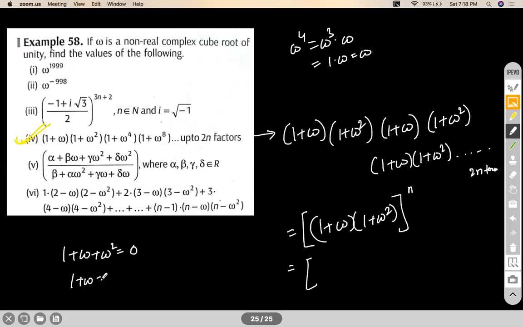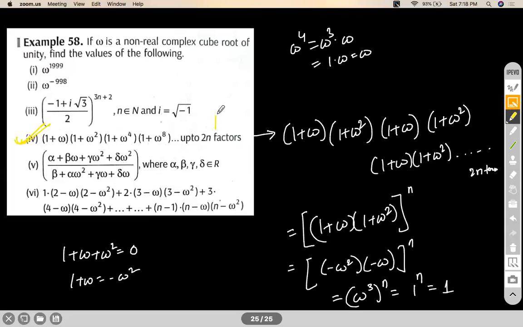So 1 plus omega would be negative of omega square, and this guy will be negative omega. And this is actually omega cube. Omega cube to the power n has to be 1 to the power n, which is 1 only. The answer for this is going to be 1. Is that fine? Any questions, any concerns?